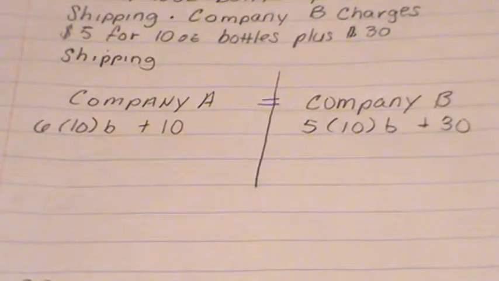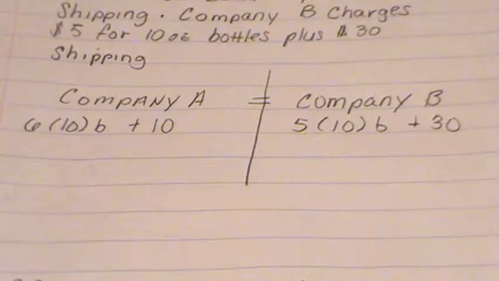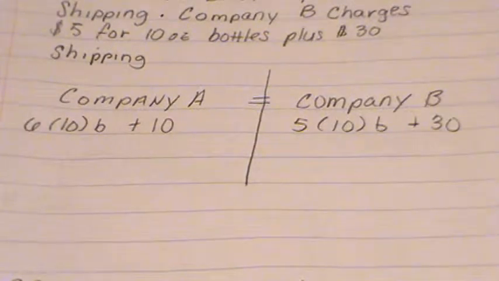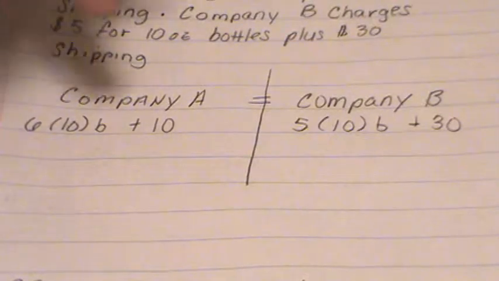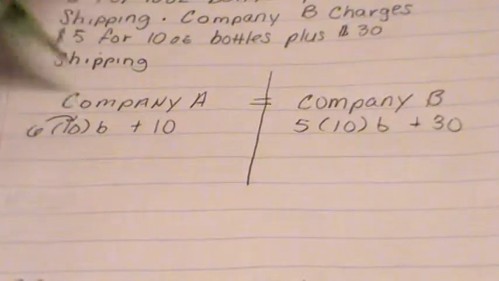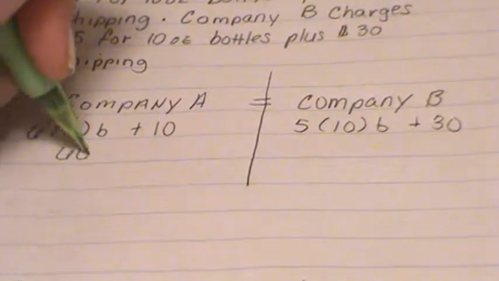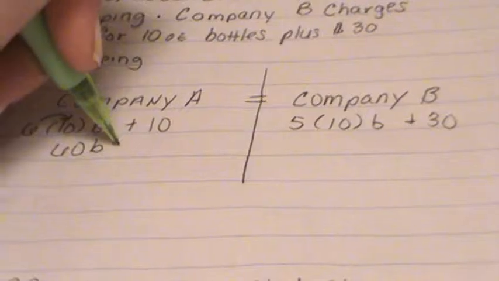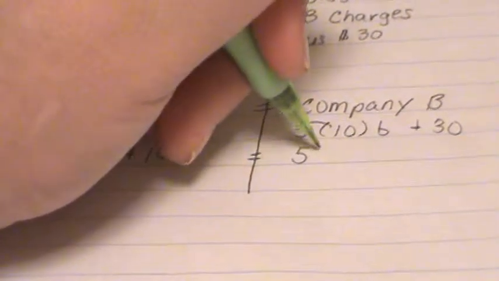Again, we've talked about this several times. If you want to be successful in algebra class, you have to know how to solve an equation. Remember the 5 steps I gave you. Step 1 says look to distribute. The hint is having parentheses. So this is going to give me 60B plus 10. On this side, again, distributive: 50B plus 30.